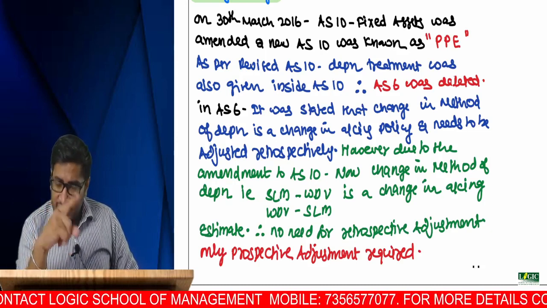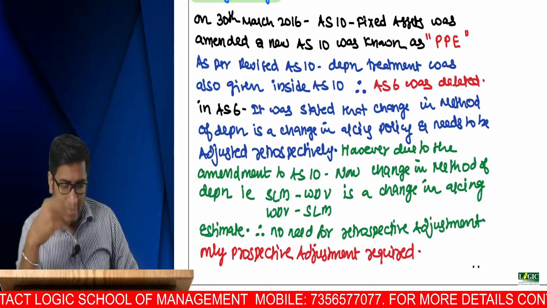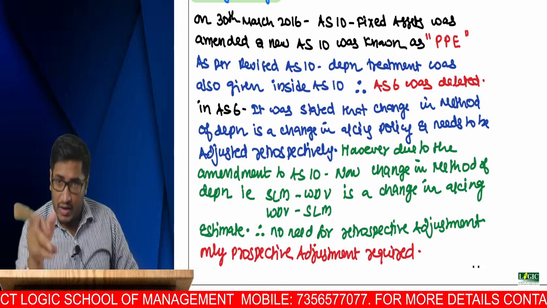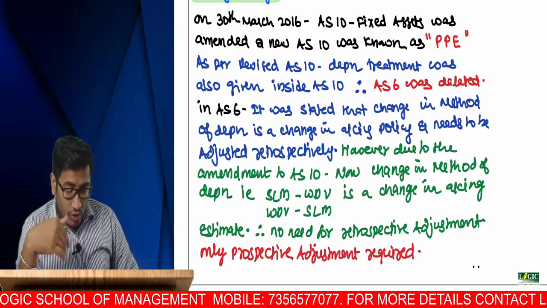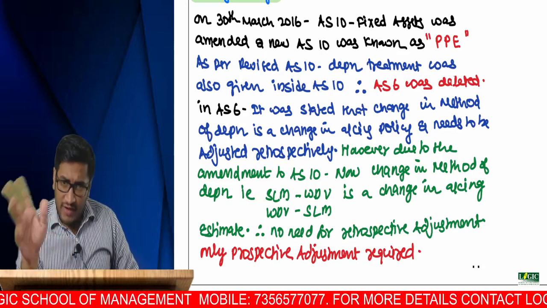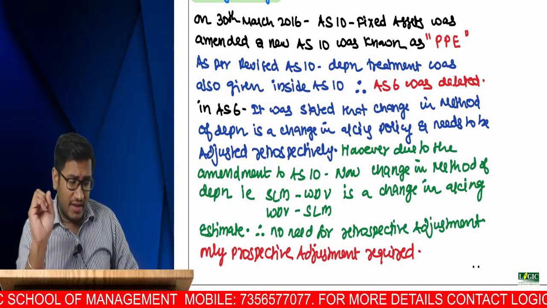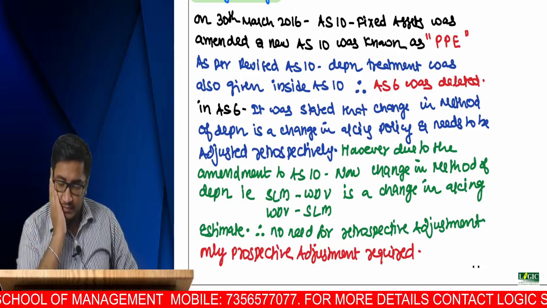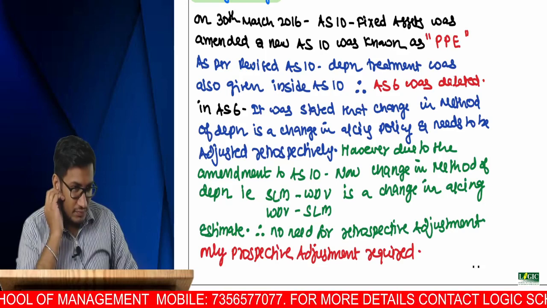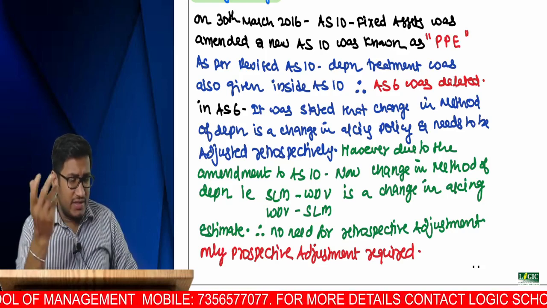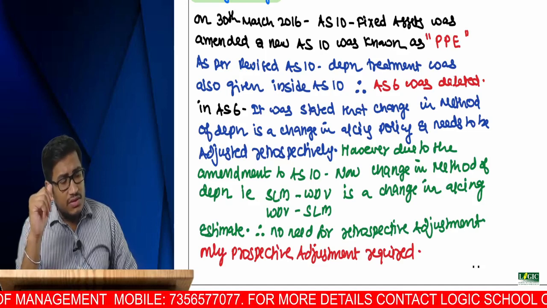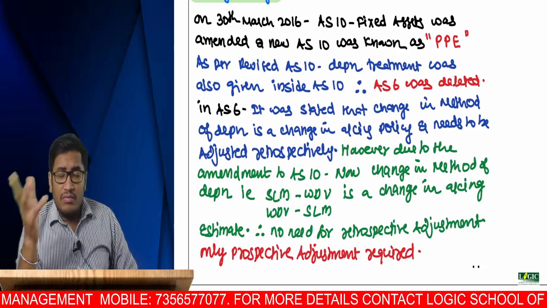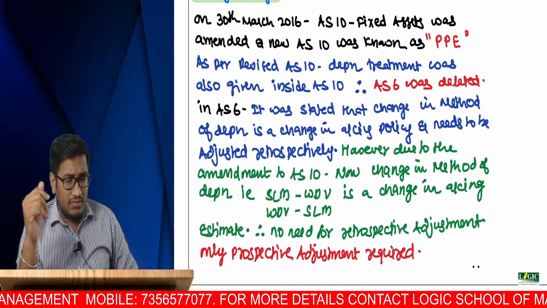As per AS 6, it was an accounting policy. Whenever there is a change, it should be prospectively accounted. But the rule today is, it is a change in accounting policy. I have taken this example just for understanding purpose, illustration purpose. Now a change in accounting policy would be what? Stock valuation.